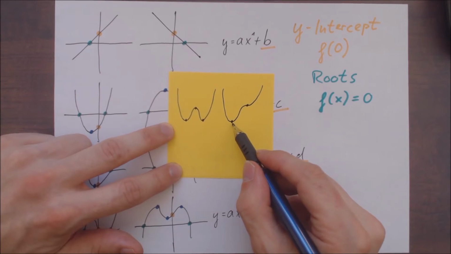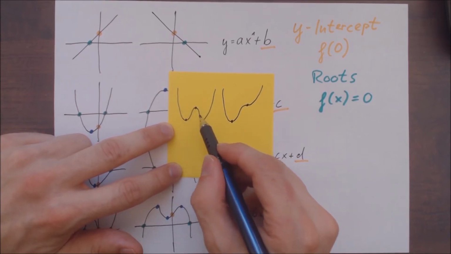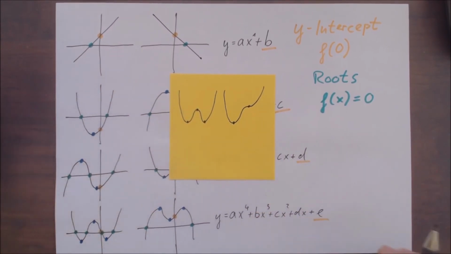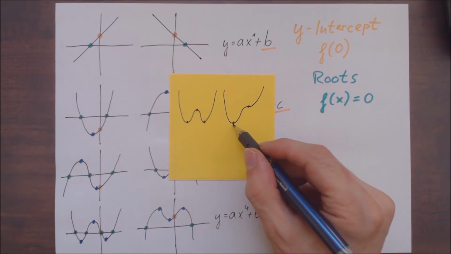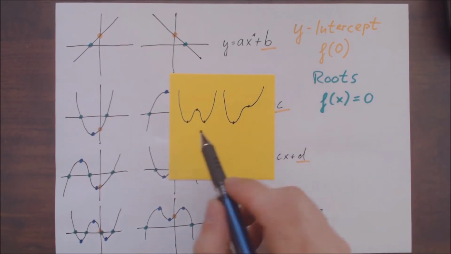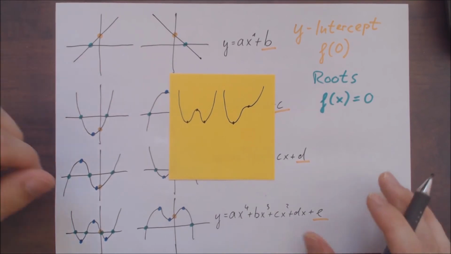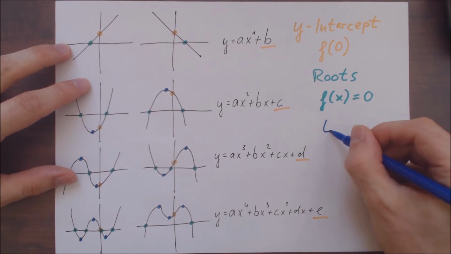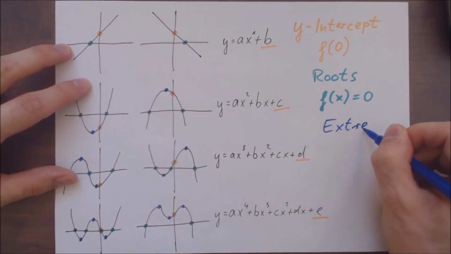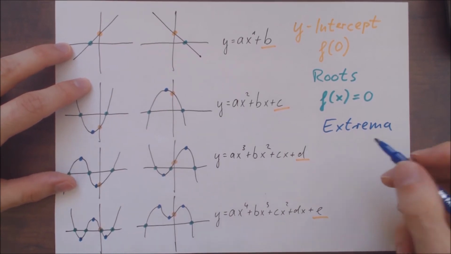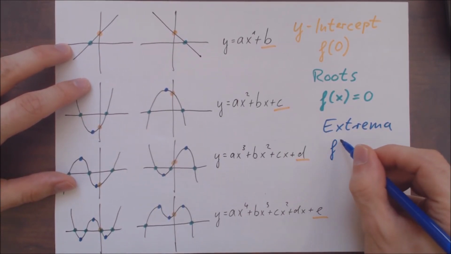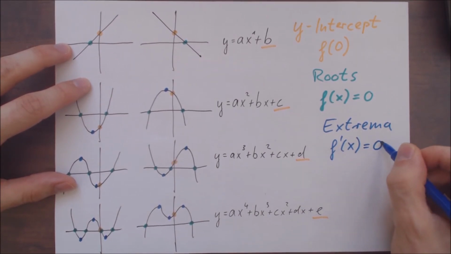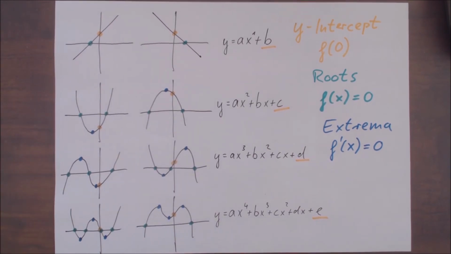So this minimum point is just this one. But these two have fused to the saddle point. That means now we have only one extremum, only one, because this is not an extremum. We have 3 extrema or 1 extremum. We calculate the extrema by setting the derivative f prime of x equal to 0, and then we solve for x.